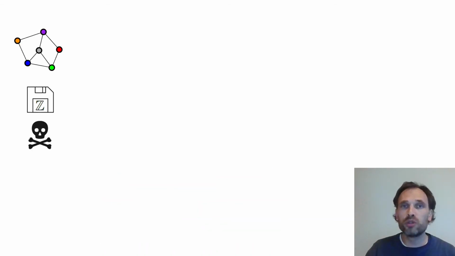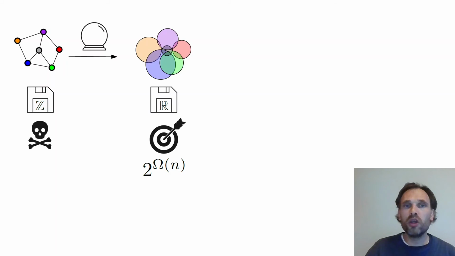And I want to show it to you on the example of the disk intersection graphs. So imagine we have one of these poisonous graphs, and we want to find a disk intersection graph. So this is our problem. We know that there is a representation of it, but it does need exponential precision.